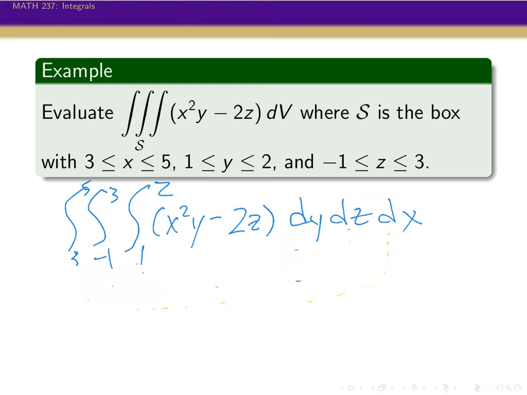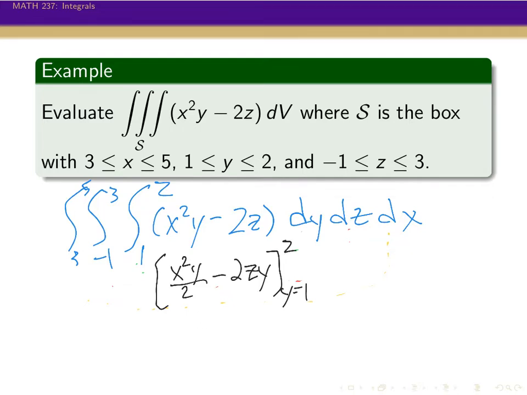So x squared times y, integrating in terms of y, is going to give me x squared y squared over 2 minus 2zy, and our y's are going from 1 to 2.